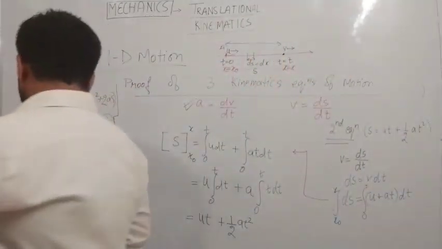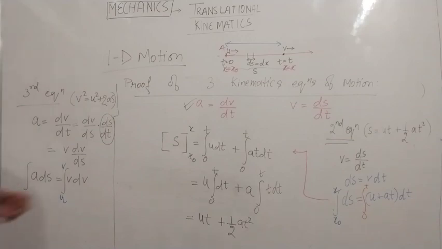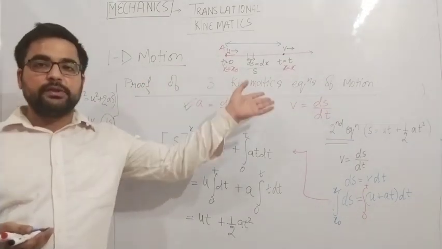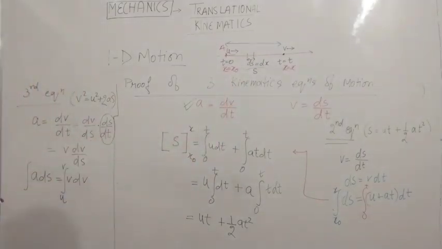So either a is given or anyhow a can be converted into a function of x. So now see, what can you write here? You can write this if a is constant. So again we are assuming a is constant.